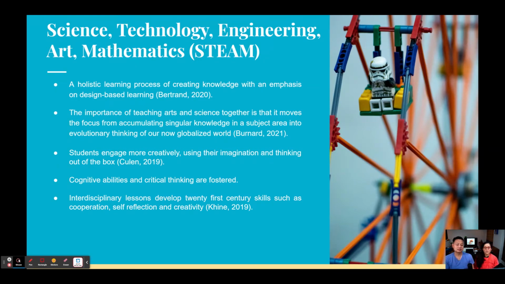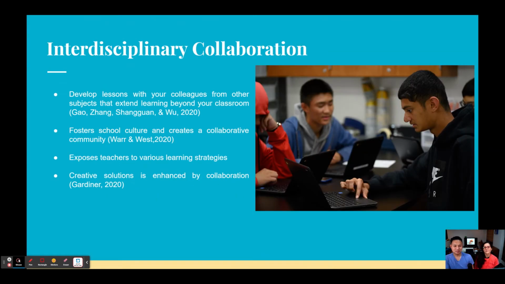Students engage more creatively, they use their imagination, and they think out of the box. Cognitive abilities and critical thinking are fostered through these lessons, and interdisciplinary lessons also develop 21st century skills such as collaboration, self reflection, creativity, among others.